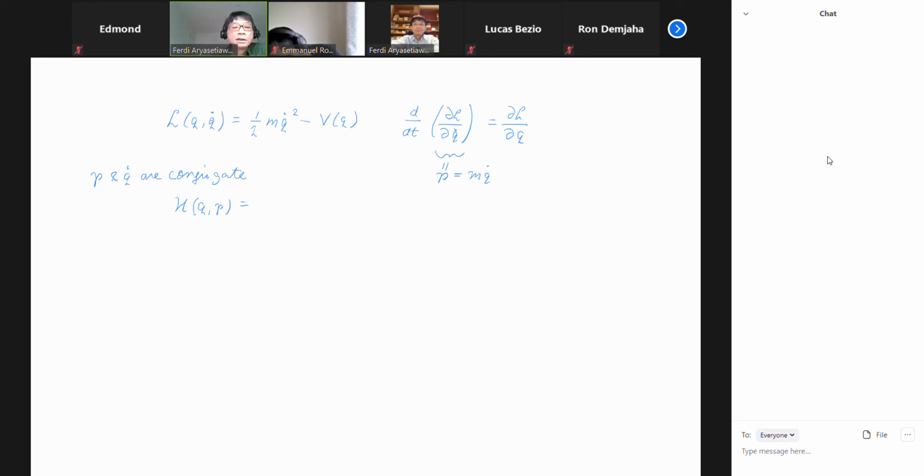Then we can do the Legendre transform. If you have forgotten about the Legendre transform, I have it in the appendix. That is given by P q dot, the product of the conjugate variables, minus L. And that gives us the usual Hamiltonian, p squared over 2m plus V(q). So now our variables become q and p instead of q and q dot.